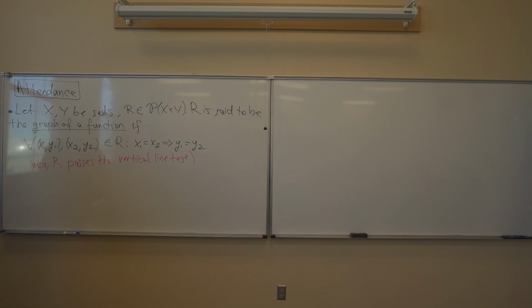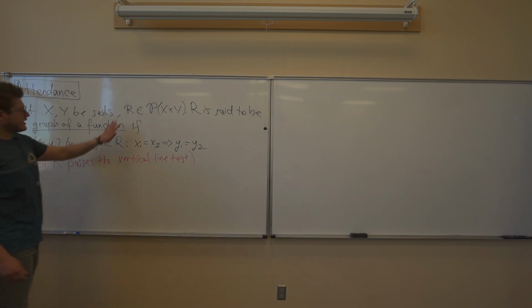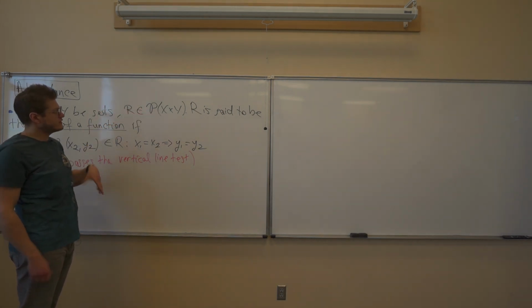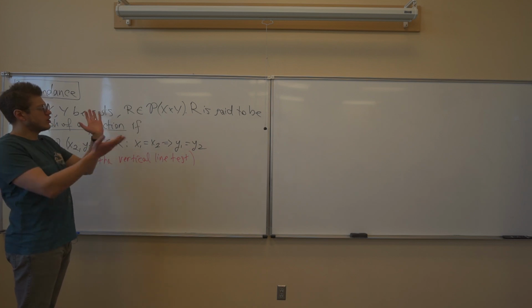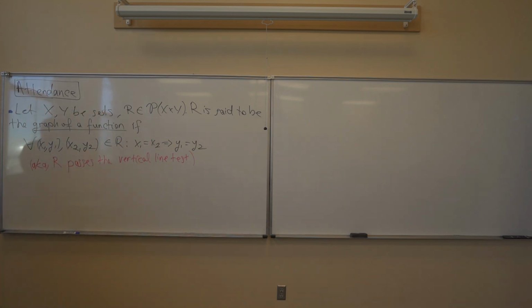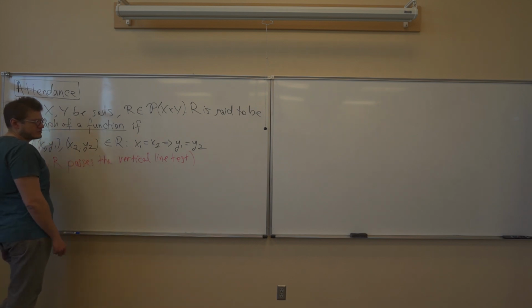Okay, so let's remind ourselves the situation. We have two sets, X and Y, and I have a relation which was, by definition, an element of the power set. In other words, R is a subset of the Cartesian product. R is said to be the graph of a function if the following statement is true.